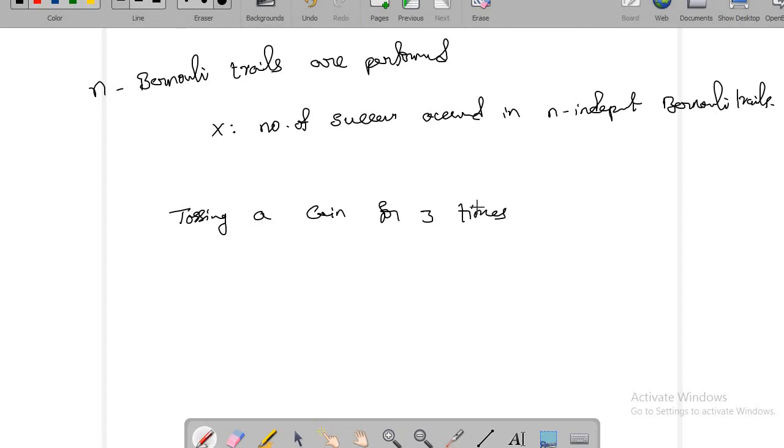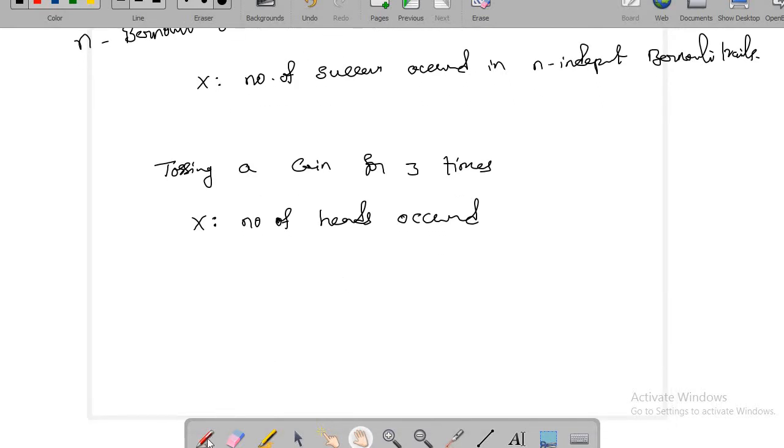Tossing a coin once, you can take it as a Bernoulli trial. Why? Because either it will give you head or tail, only two possible outcomes. So here, let me take getting head as a success. Now let me define my x. X is a random variable which counts the number of heads occurred.